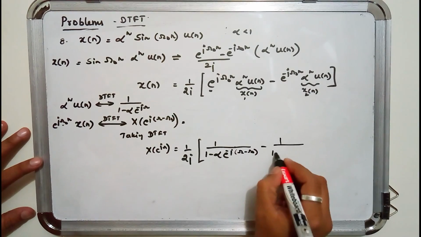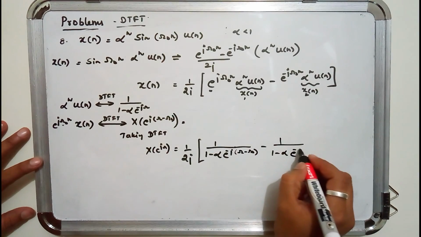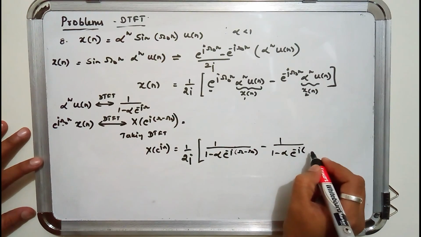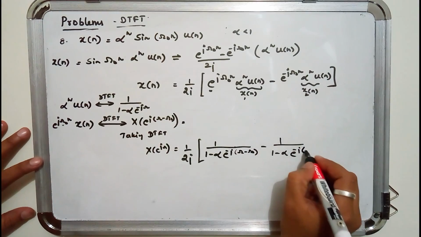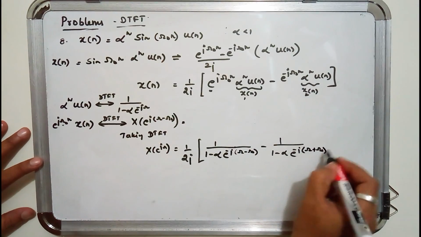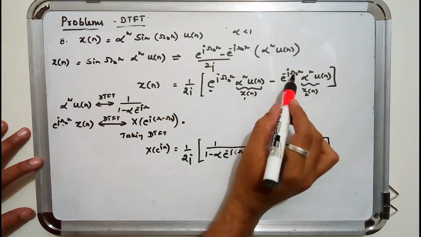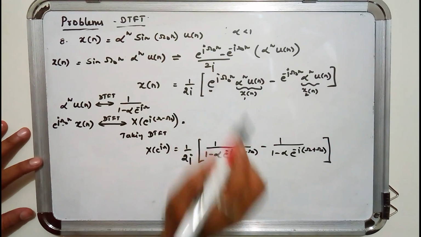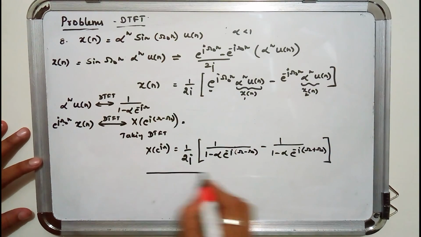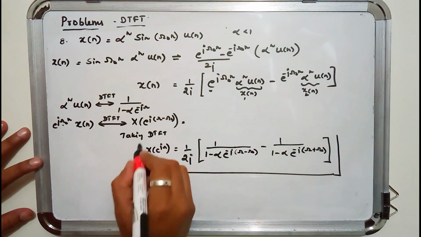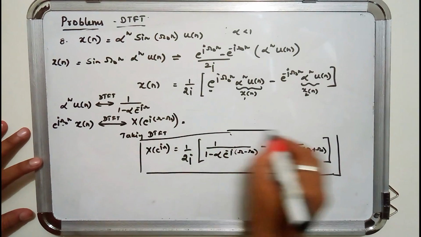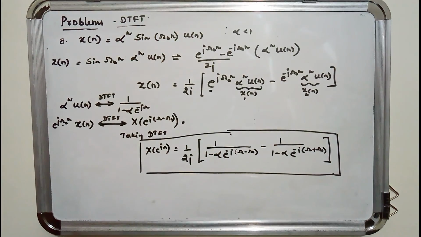It is 1 by 1 minus alpha e power minus j into omega plus omega naught, because the factor you have here is minus omega naught, here you have plus omega naught. So this is the DTFT of the given function alpha power n sine omega naught n u of n.